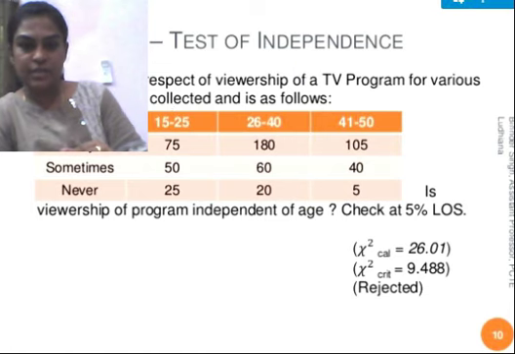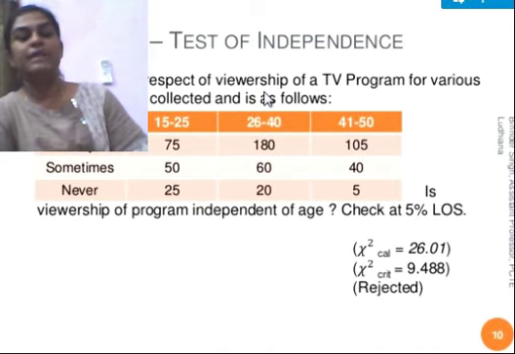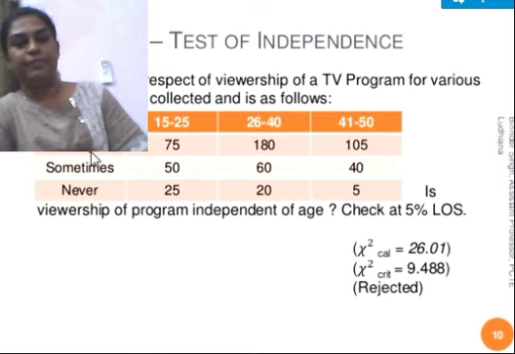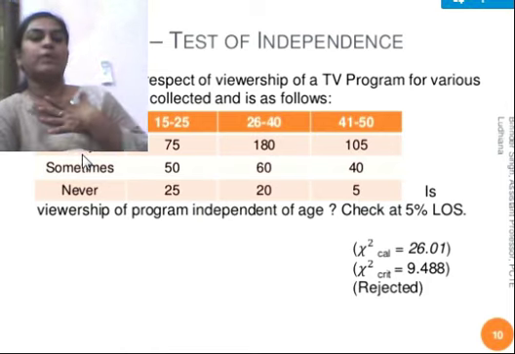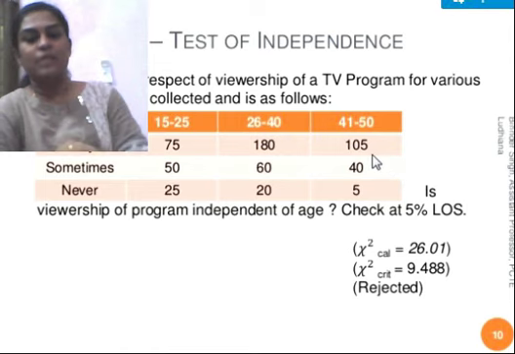Just observe this one. It is the viewership of a TV program, with various age groups collected here: 15 to 25, 26 to 40, and 41 to 50 age groups. Those who said they always watch these TV programs: 75, 180, and 105.